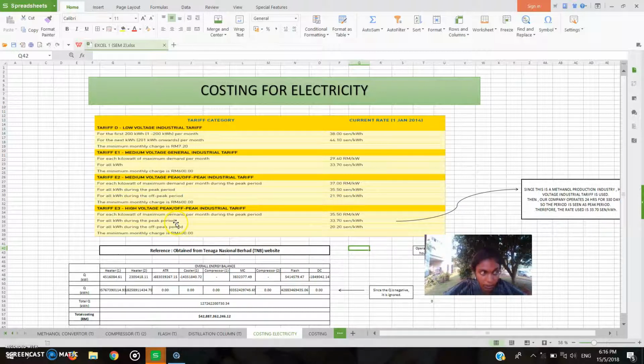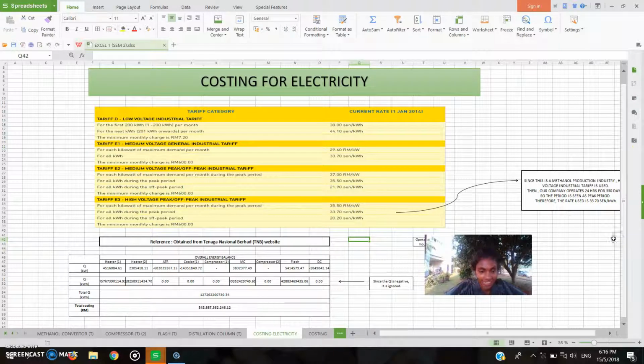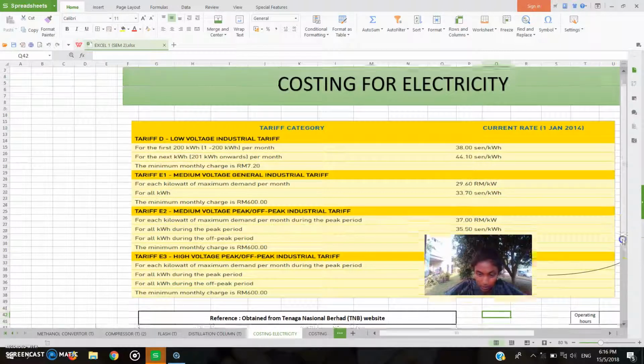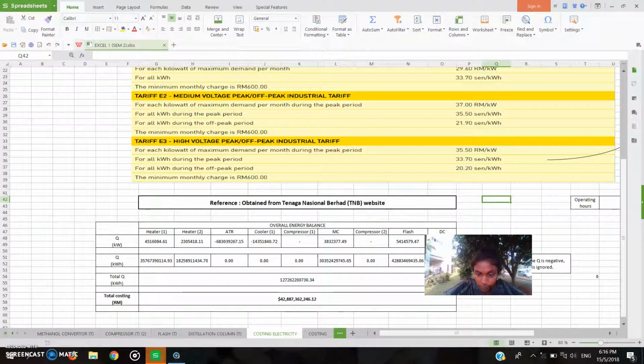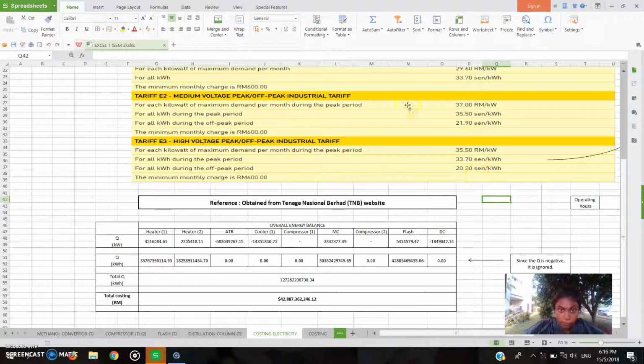Since the company is running for 24 hours for 330 days, which is a peak period, we take 33.70 cent per kilowatt hour. First, we have to gather all the Q, which is the heat produced from all the reactors, units and components.